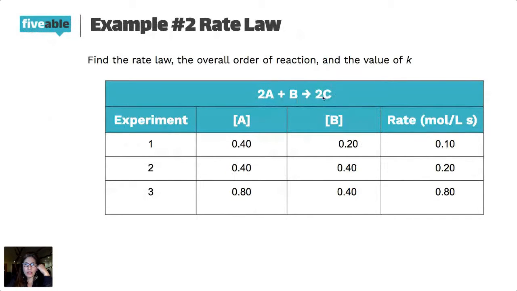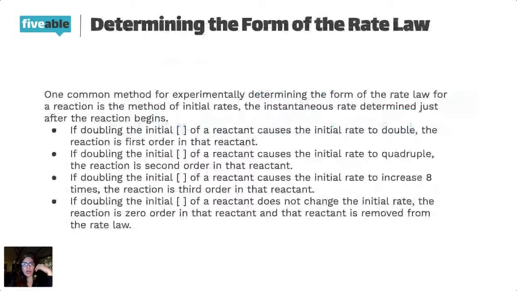We ignore C, the product, and we're going to see how to solve these equations. So a common method is to study the data from the experiment. If doubling the initial concentration of a reactant causes the initial rate to double, then the reaction will be first order in that reactant.